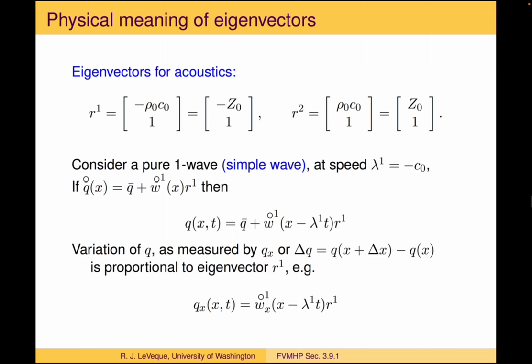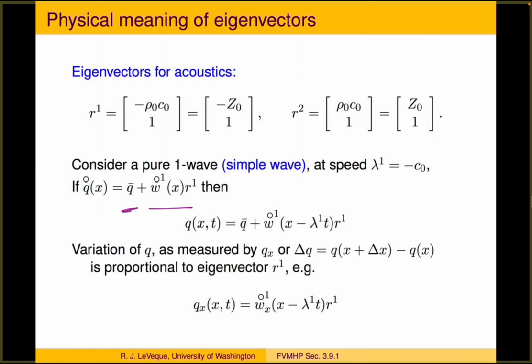So we can obtain such a wave by taking some fixed state and adding some function of x times r1. Don't add in any component of r2. Have the coefficient of r2 always be 0, so that we have the steady state that we're linearizing about.